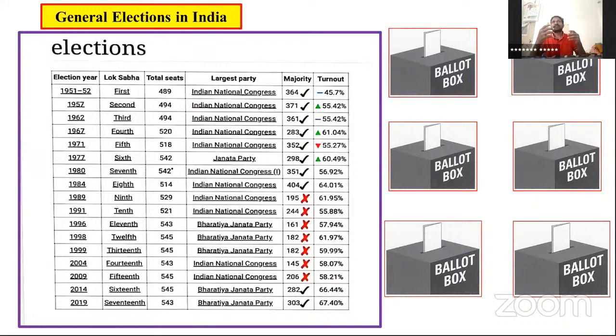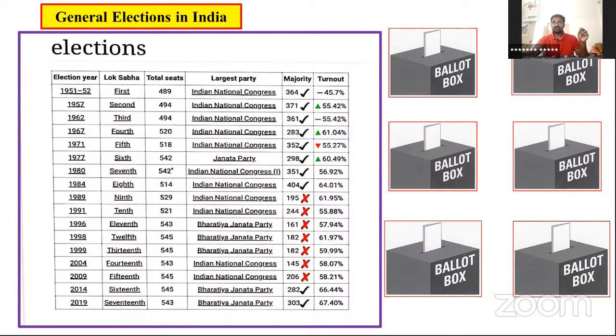So in this way, finally, the Election Commission introduced some particular symbols, with recognition for the party members. The first general election was conducted in 1952.